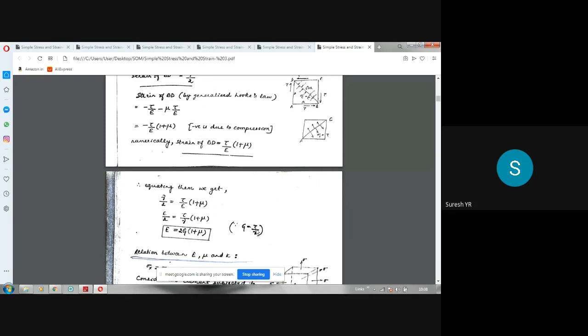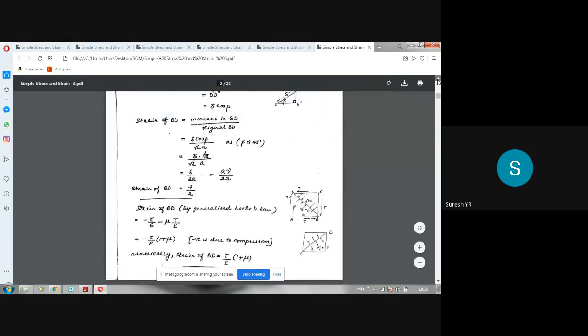So don't confuse, there are so many Greek letters. This tau, gamma, all these are Greek letters. So tau by gamma is G. Next, mu does not have any unit. It's a ratio of lateral strain to linear strain, all within elastic limits.